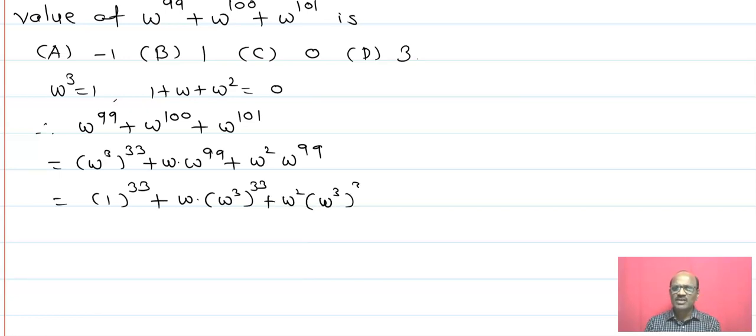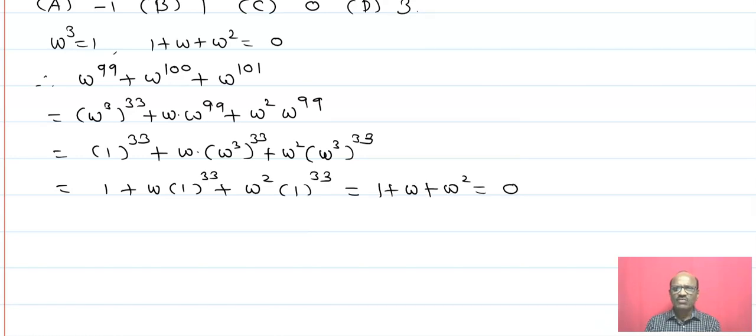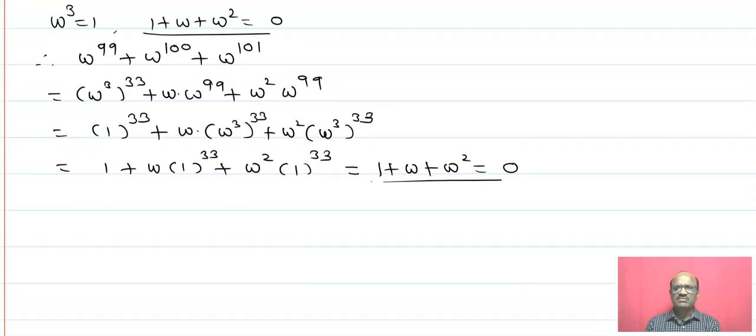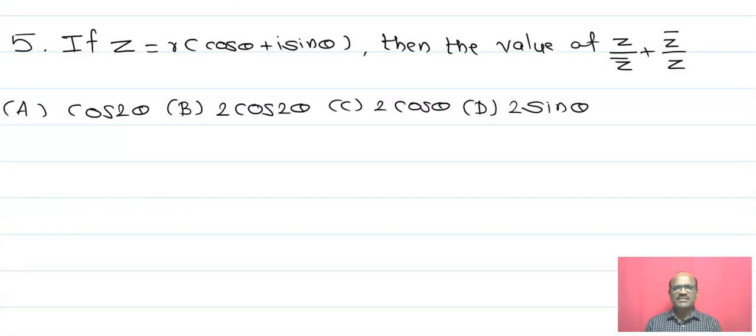Now omega cube is equal to 1, and by substituting this value we are writing 1 plus omega plus omega square, and the value of 1 plus omega plus omega square is equal to 0.